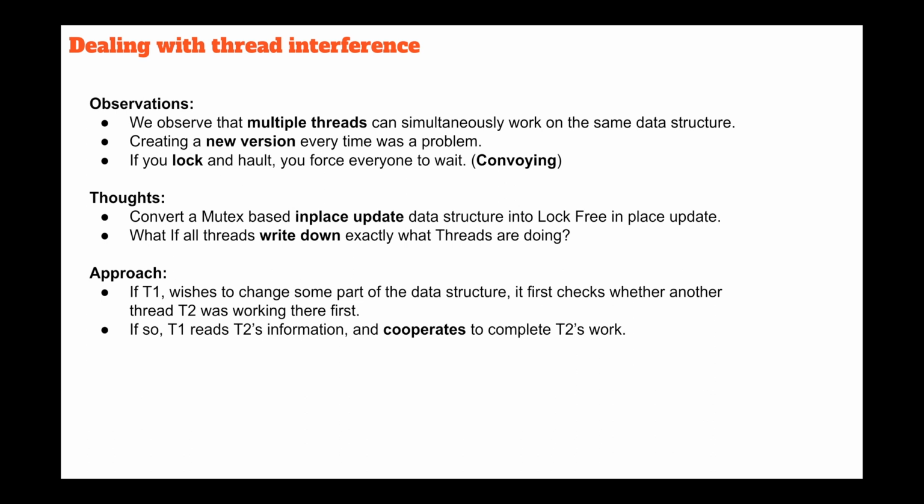That's the gist of the cooperative technique. We'll discuss it in more detail in the subsequent slides, but the approach is that if T1 wishes to change some portion of the data structure, it first checks whether another thread T2 was already working there. If so, then T1 reads T2's information and cooperates to complete T2's work.